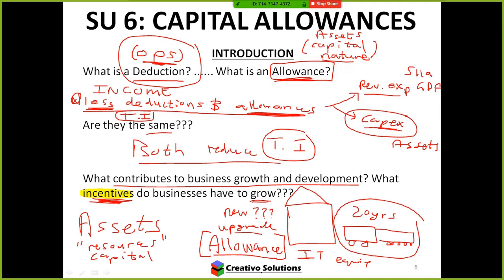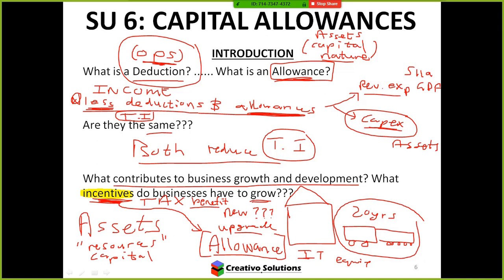Maybe you've even noticed it in your company: from time to time they buy new things, new assets in terms of equipment, furniture, maybe they upgrade the PCs, the laptops, the tablets. They do that not only because it's going to help with operations, but also because they want to take advantage of SARS. There's a tax benefit for buying new equipment.